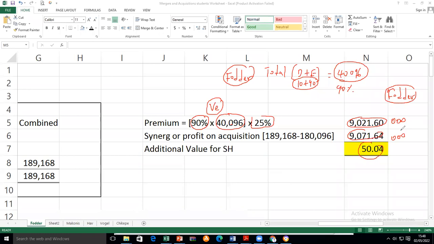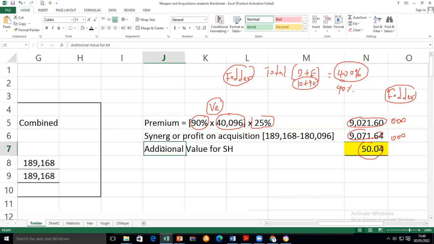Do you think this combination creates additional value for the acquiring company? What is your answer? Imagine you are the shareholders in Pursuit. What would be your reaction?